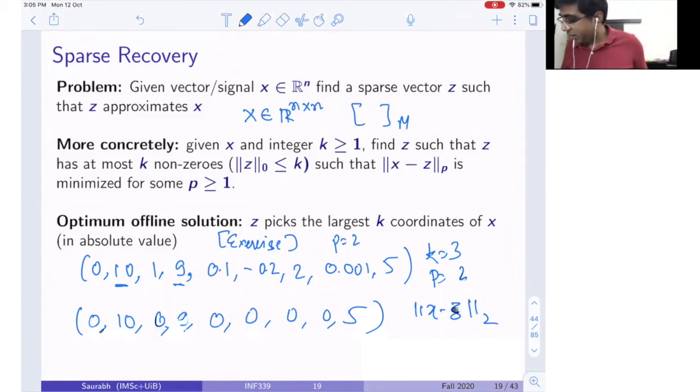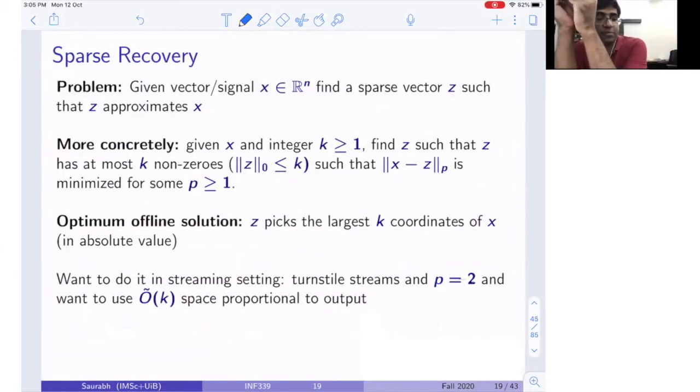So what are we interested in? We want to do this in the streaming setting. And what will be my setting? We will have a turnstile stream, so positive and negative updates, x is really anything, and p equal to 2, and we want to use space proportional to the output. x is coming in a streaming setting. You have given me k. Basically, the offline solution is like picking the top k coordinates in absolute value.